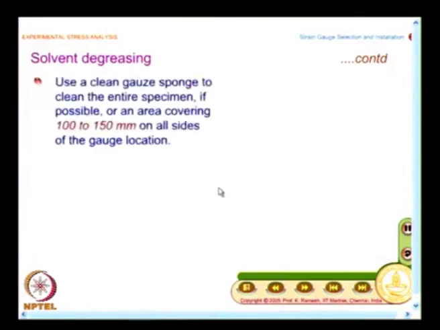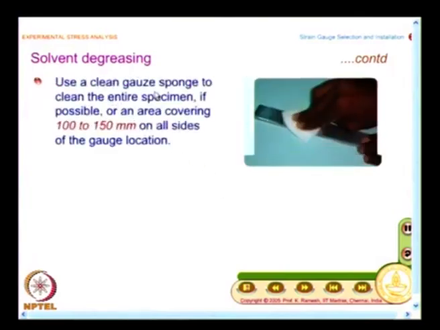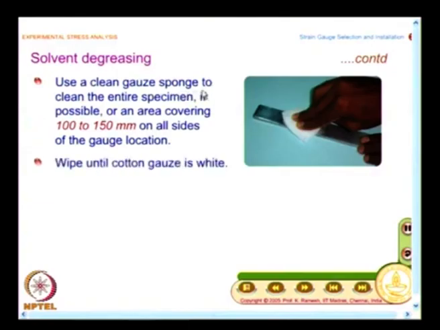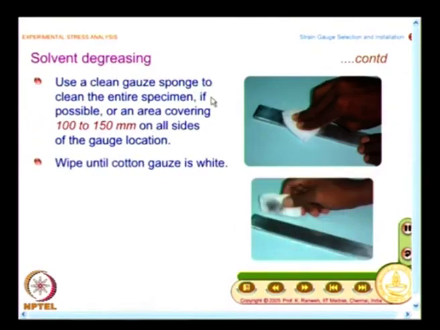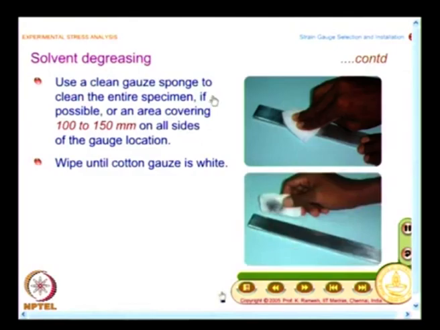And I said that you should use a sufficient amount of consumables, you should not be stingy in that, because your focus is to save the strain gauge, which is expensive. I clean it with a gauze sponge, and you will be surprised to see the surface was looking all right, but when I see the gauze sponge, it is black.